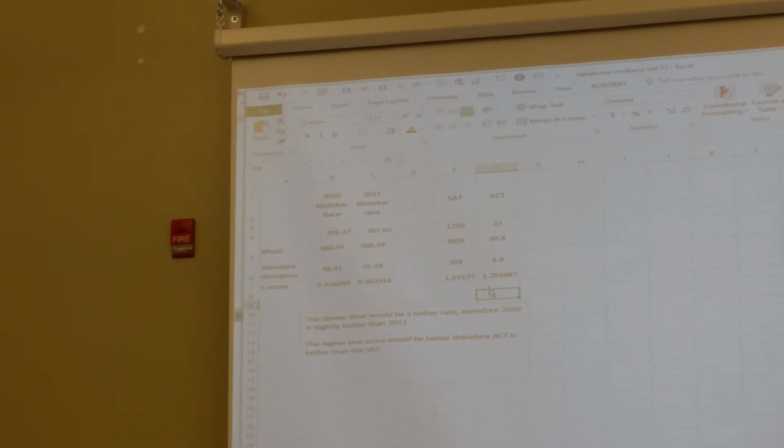A higher score on a test is better, a smaller number on a timed task is better. It depends on what it's asking you, what I'm looking at. If I'm looking at time, the lower the time, the faster I am. The word slower is badly used in here.